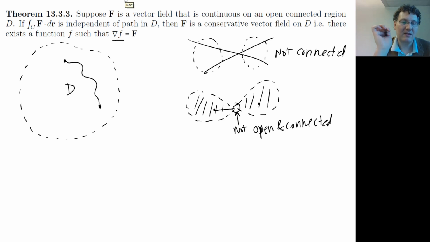So if every line integral is independent of path in D, then F is a conservative vector field. Well, this is the flip side to what we had before. We already know that if it's a conservative vector field, then every line integral is going to be independent of path. But this has conditions on the region being open and connected.